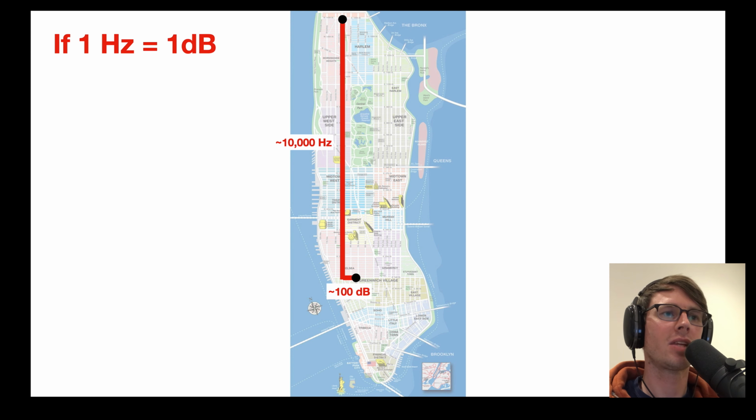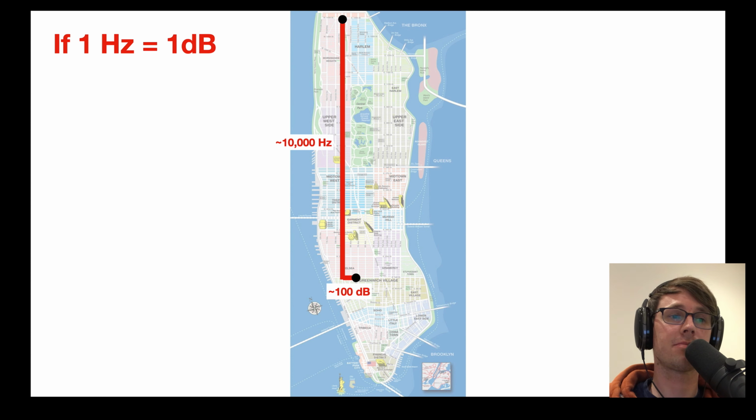You can see here I have spectral centroid as being roughly a range of 10,000 hertz, maybe from 2,000 to 12,000 or something like this. And then the range of loudness being about 100 decibels, maybe from -100 up to 0 dBFS. So the range of the spectral centroids here is about 100 times larger than the range of the decibel values.